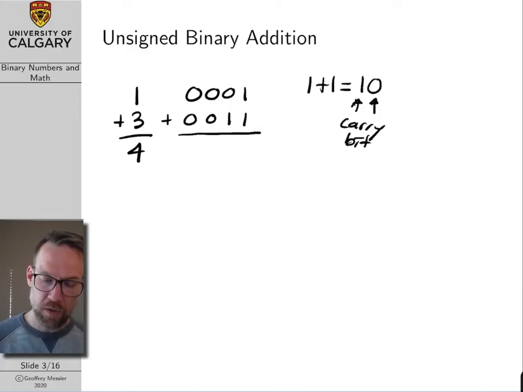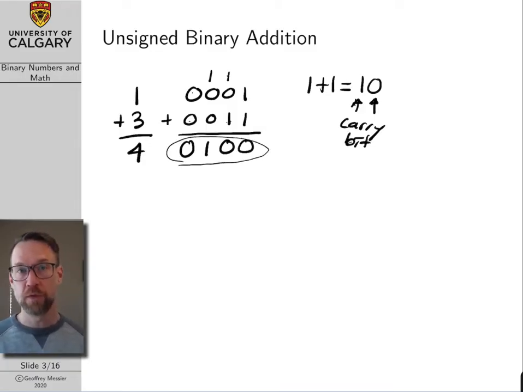So 1 plus 1 is 2, so we have 0, and we carry the 1. Then we have 1 plus 0 plus 1, which is 2. So we have, again, 0. We carry the 1. Then we have 1 plus 0 plus 0, which is 1. And then finally, we have 0 plus 0, which is 0. And of course, this is the binary representation for 4. So it works.